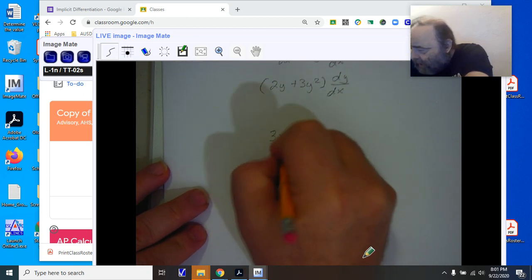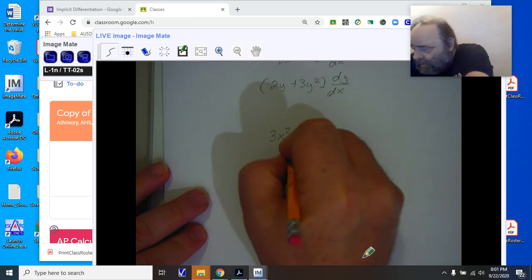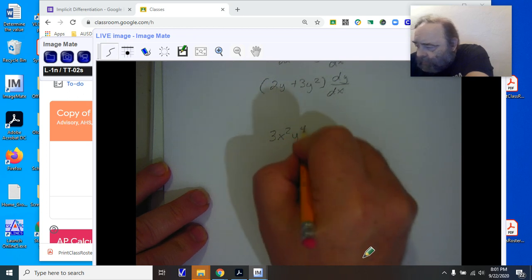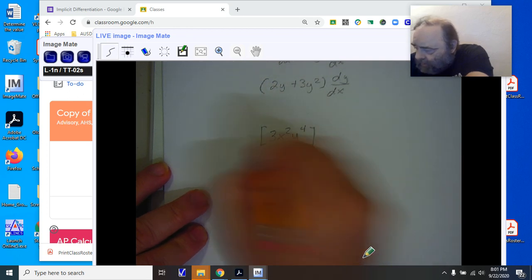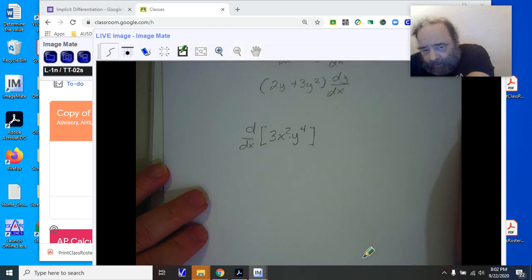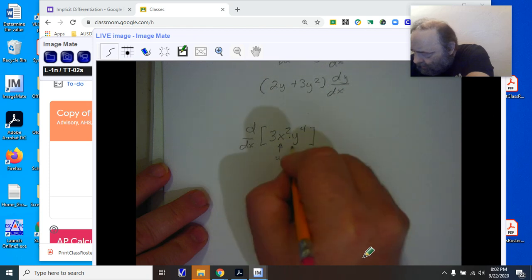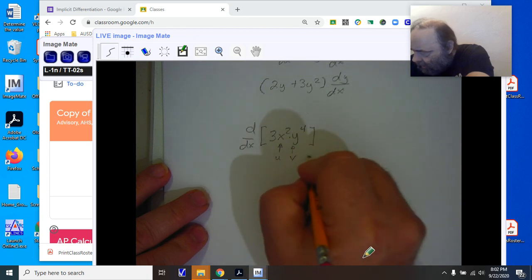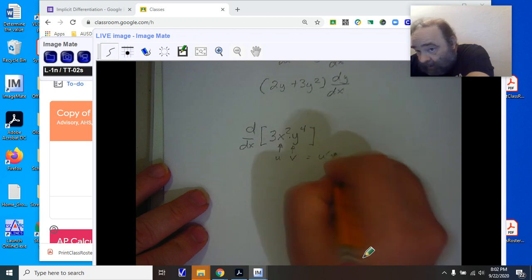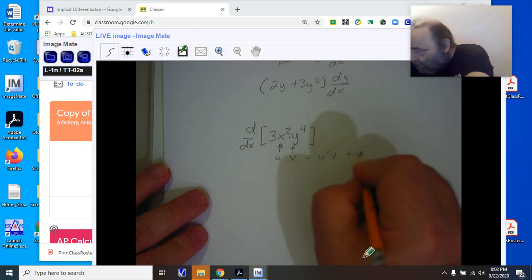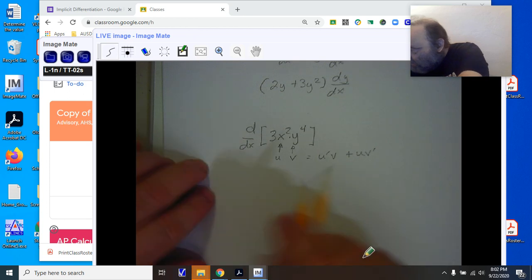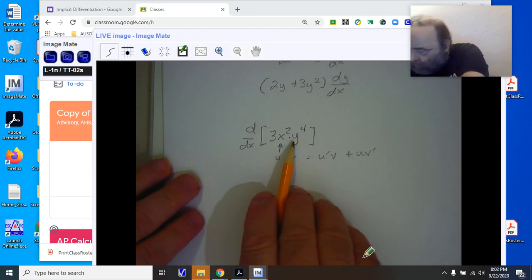Let's go ahead and take a look at a product rule. Let's say we have 3x squared and we do a y to the fourth. Because this is a product, we're going to be looking at the product rule. So our first piece is going to be u. The second piece is v, and we're trying to construct u prime v plus u v prime. Notice when we have our v prime, we're going to be dealing with the y, and that's the implicit portion.